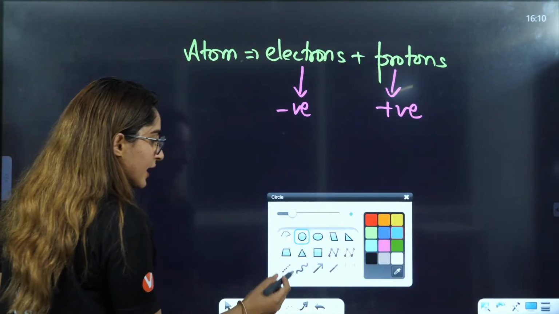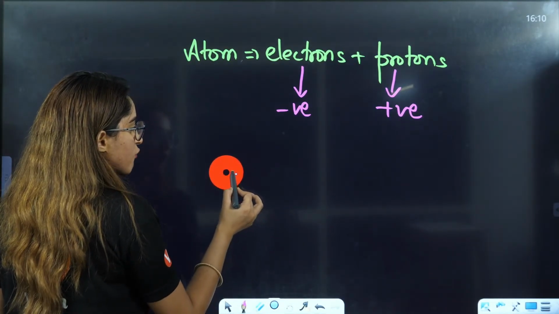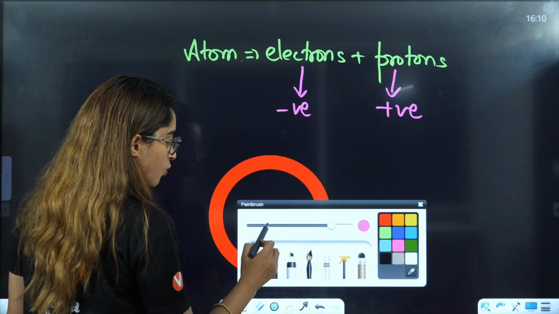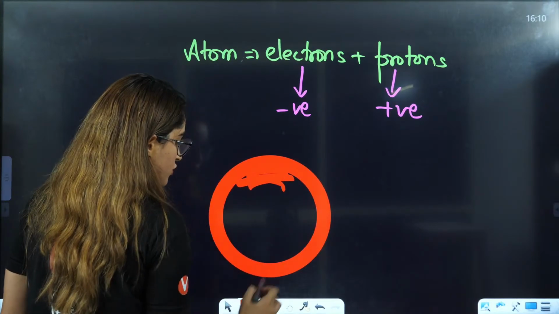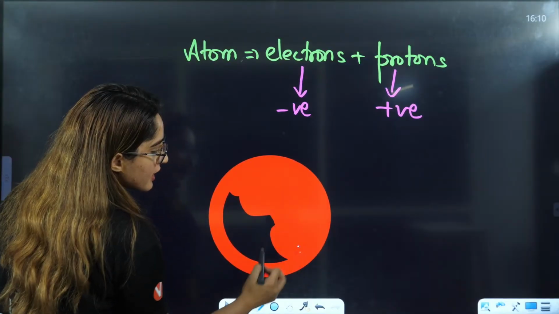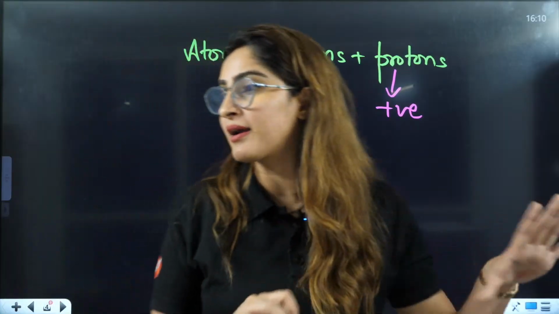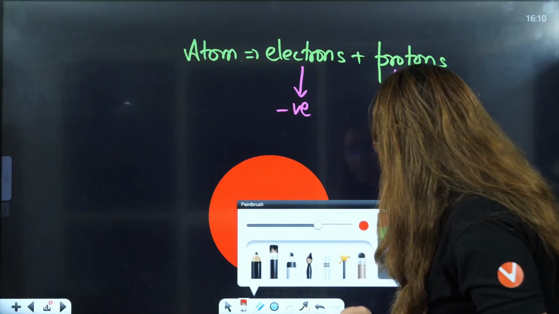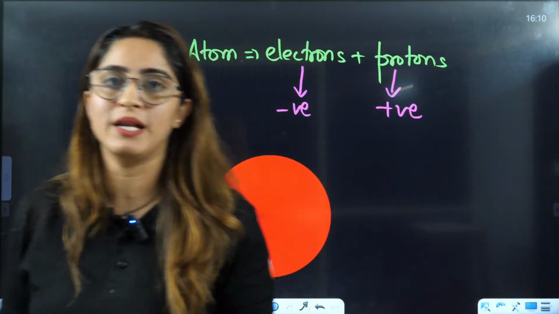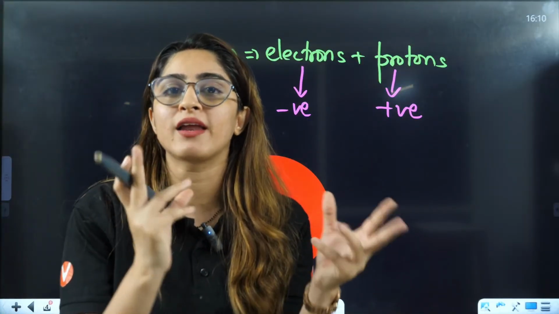He said that it's actually like a watermelon. Let us draw the watermelon. In the watermelon, the red part is what you eat. He said that this whole red part is the proton, that means the positive charge is uniformly distributed everywhere in the atom.